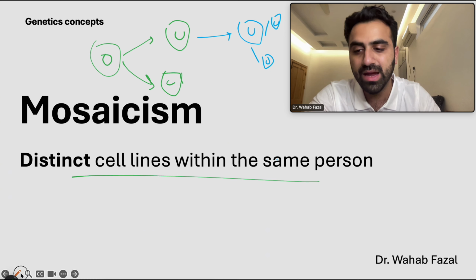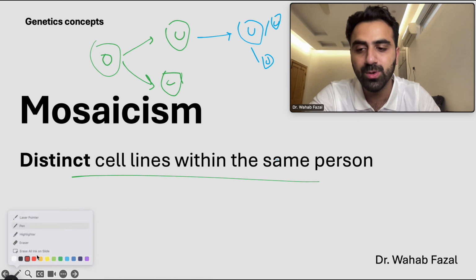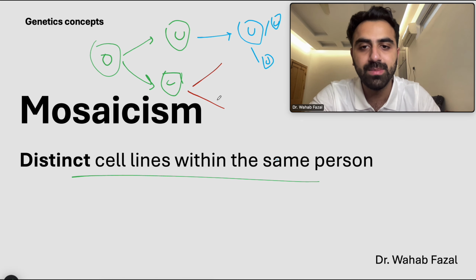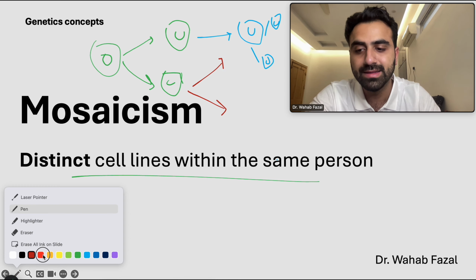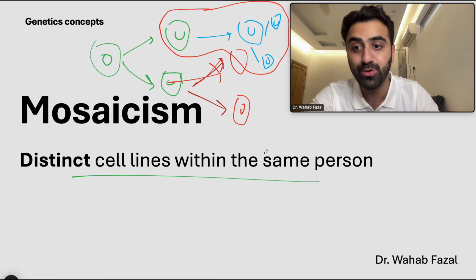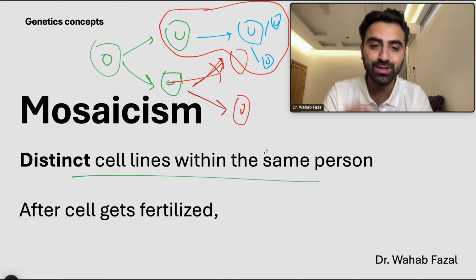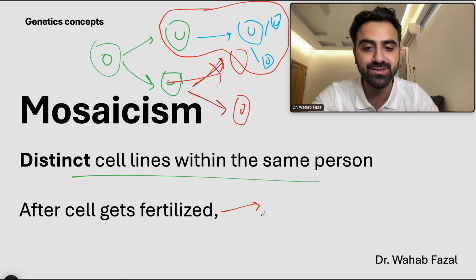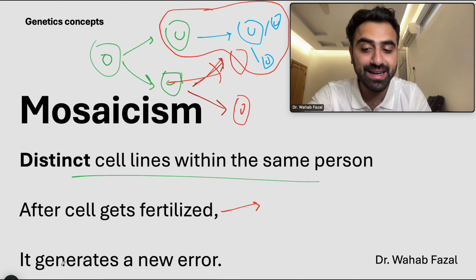And everything you get from the other one will still be red. Everything you got from this cell will still be the same color, so this is a very distinct cell line that developed due to a mutation. This is the concept of mosaicism, that after the cell gets fertilized, it generates a new error, right?